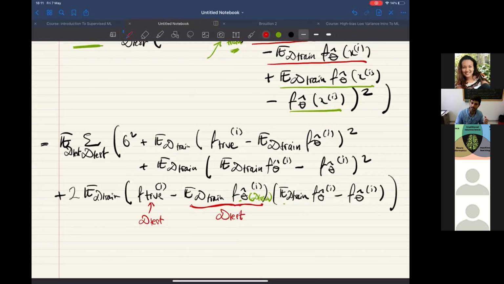Here I'm averaging over all possible training sets for this model. So I'm averaging my model over all possible realizations of the training data.